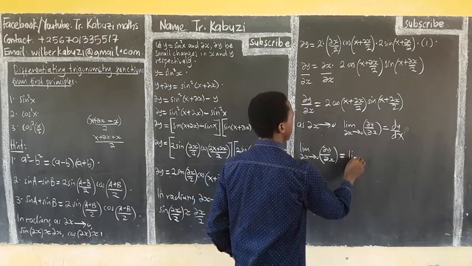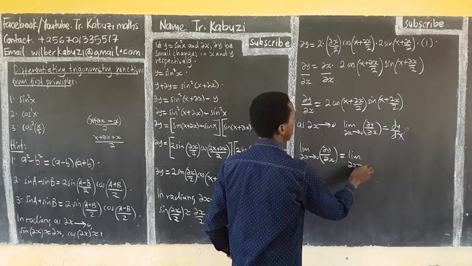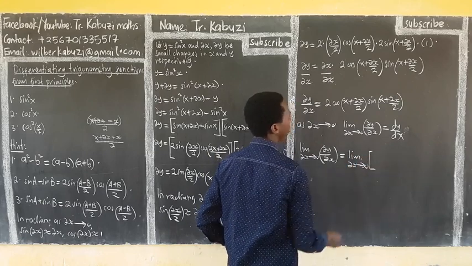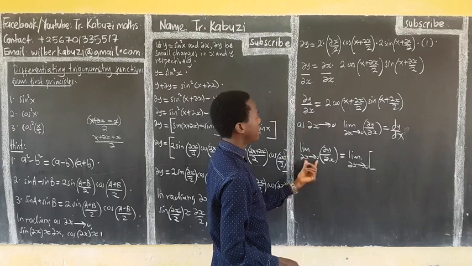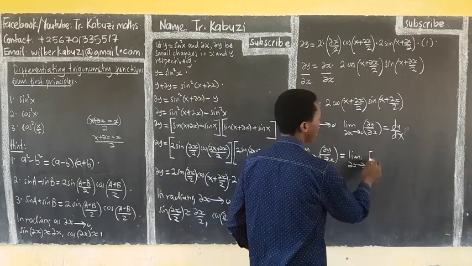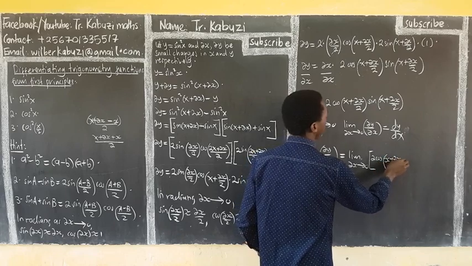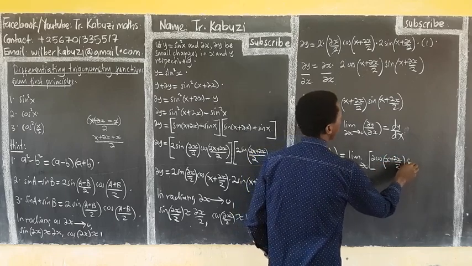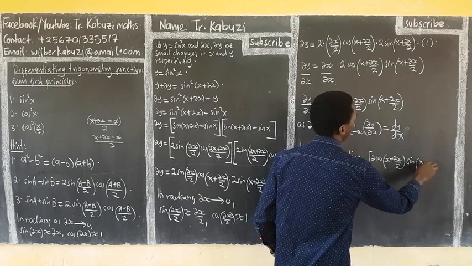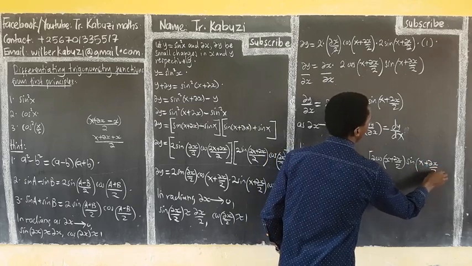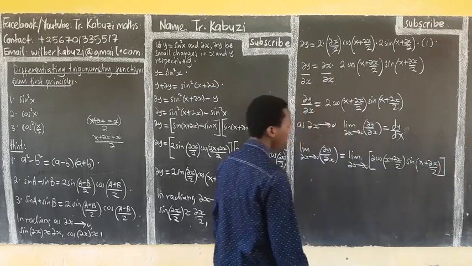So we have the limit as delta x tends to 0 into now. We are introducing this side and also this side. We have 2 cos x, then sine over 2.